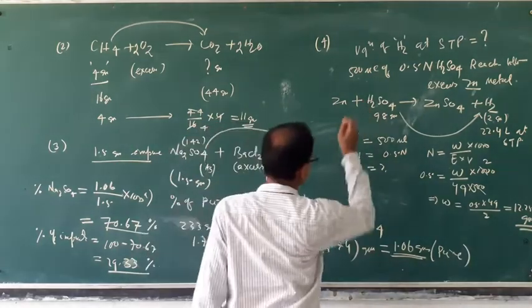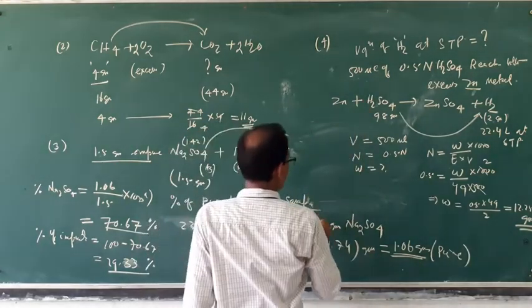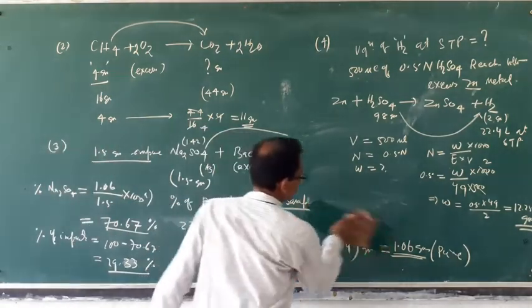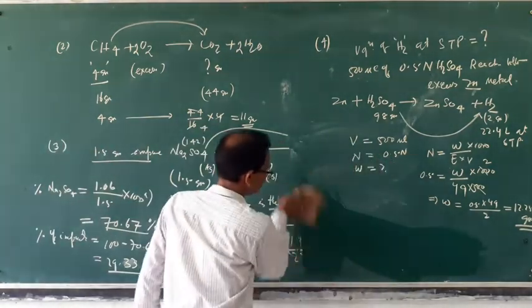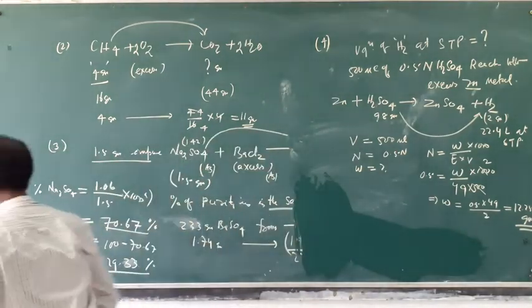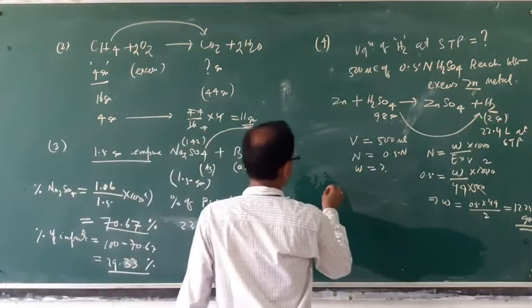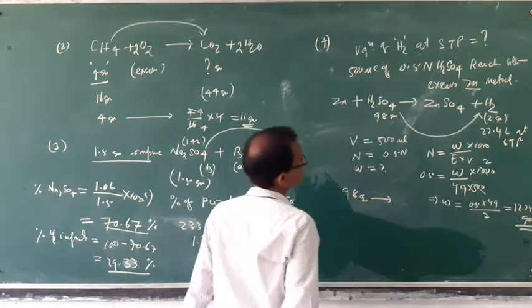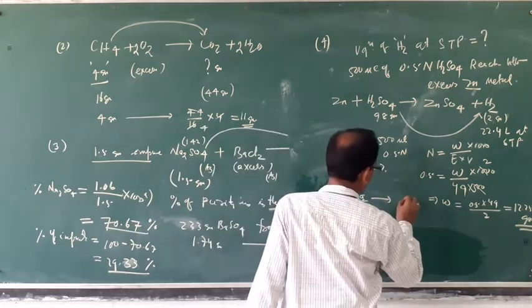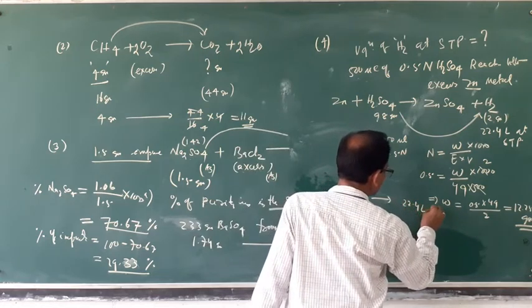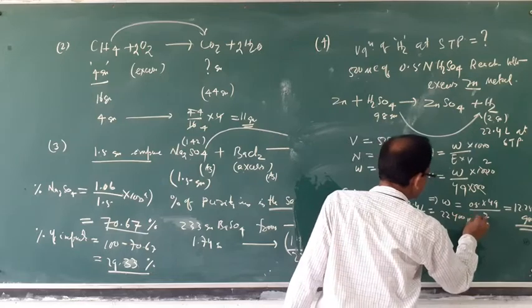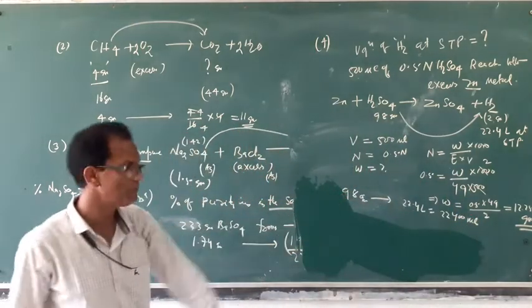So next comparison. As per the question, 98 gram gives how much volume? 22.4 liter, equal to 22,400 ml. Liter converted to ml.